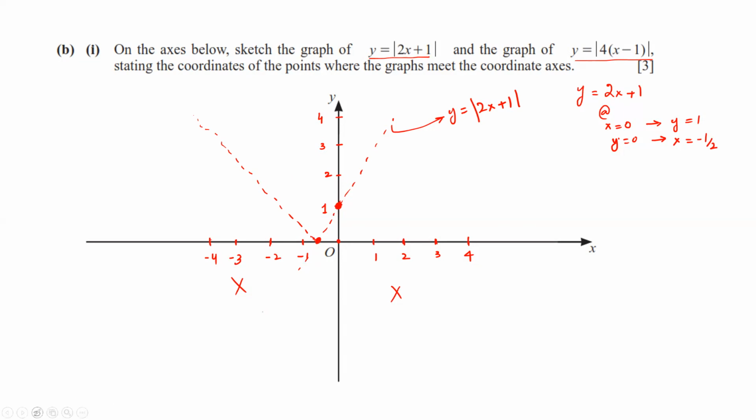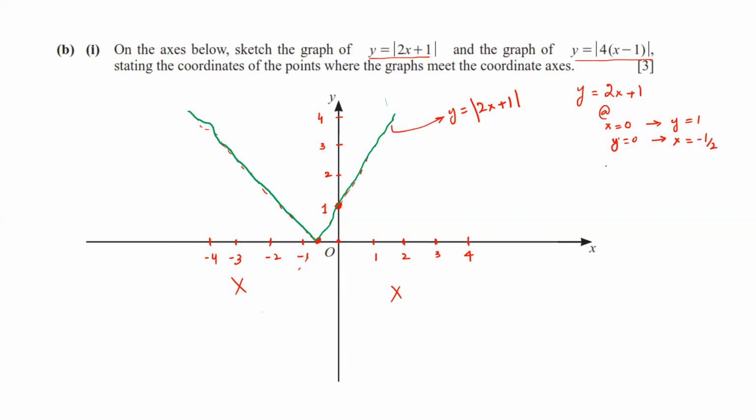I'm drawing it with a dark green line. This is one line. Remove it. So this is my other line. So this is the graph of y is equal to mod of 2x plus 1.